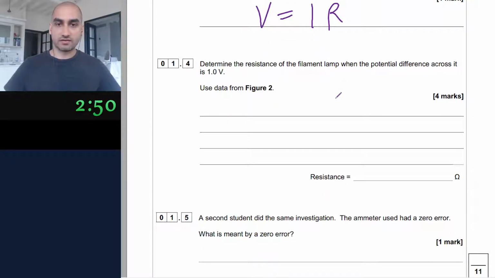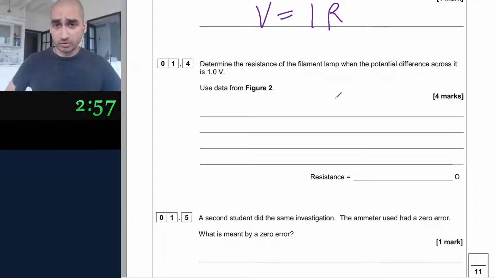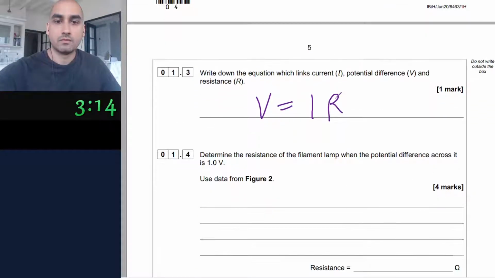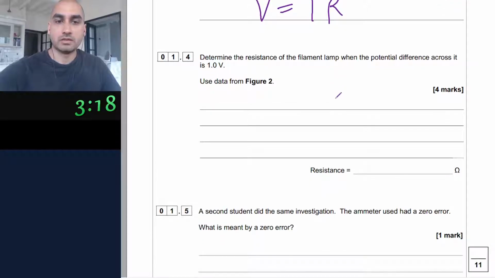Determine the resistance of the filament lamp when the potential difference across it is 1 volt. So that's why this is not in the formula booklet, because you're supposed to know this off by heart. Alright, determine the resistance. Alright, so this is a filament lamp when the potential difference is 1 volt.